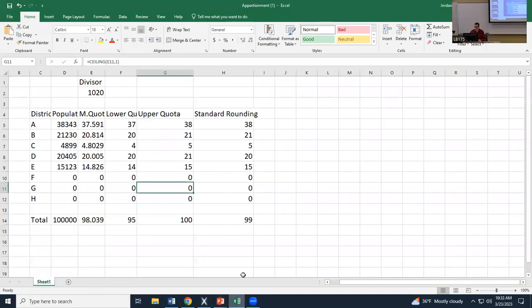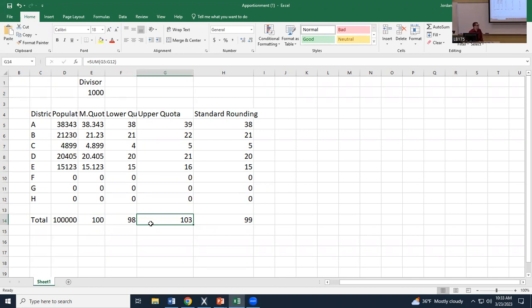Now, what you'll notice, here I have standard rounding over there. If I just put in the standard divisor, you'll notice that standard rounding gets me closer to the number of representatives that I want than the lower quota or the upper quota did. Okay.